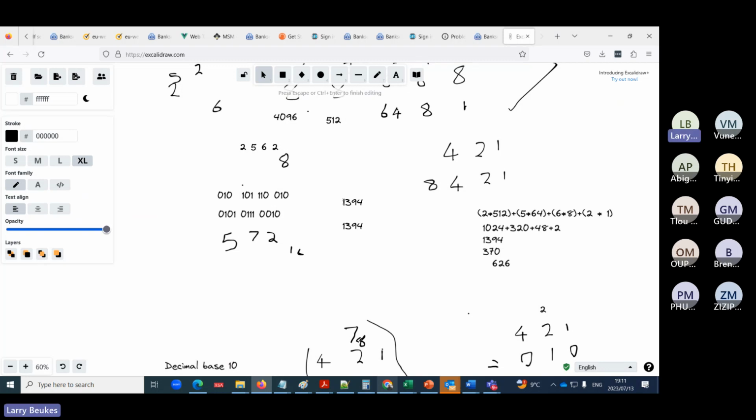Then we're going to divide it by 16. So our answer, 1394 divided by 16. Just try to open the calculator. 1394 divided by 16, it's 87.